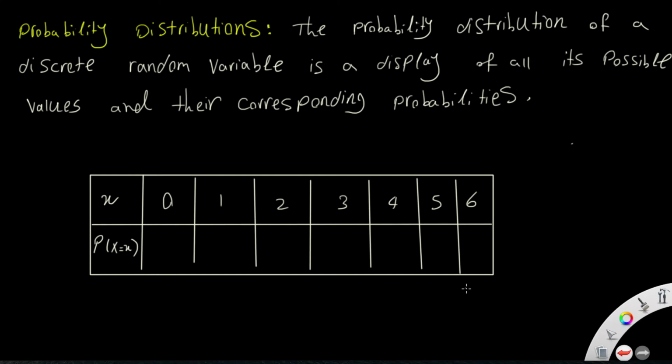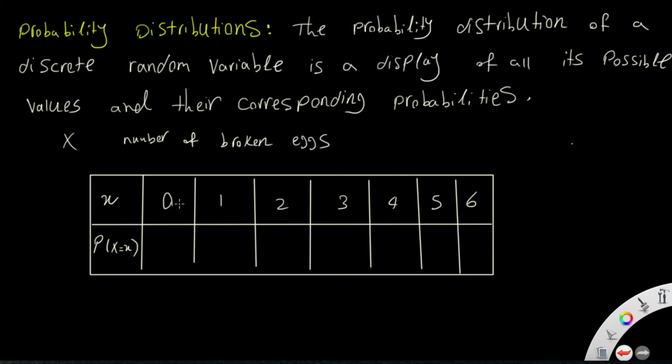Probability distributions. The probability distribution of a discrete random variable is a display of all its possible values and their corresponding probabilities. For example, in the previous case, I said there is a carton of 6 eggs, and x was to show the number of broken eggs.